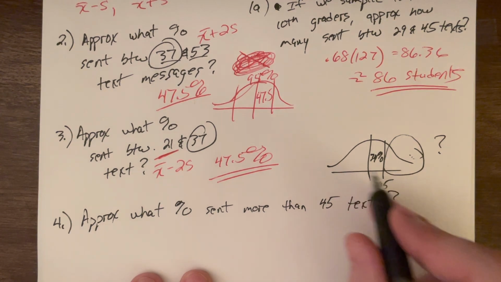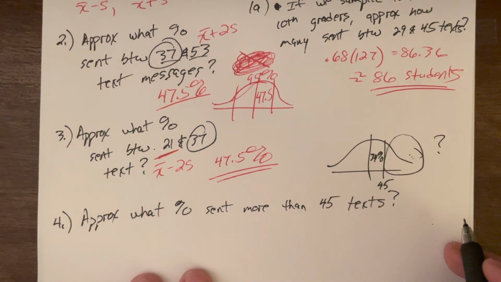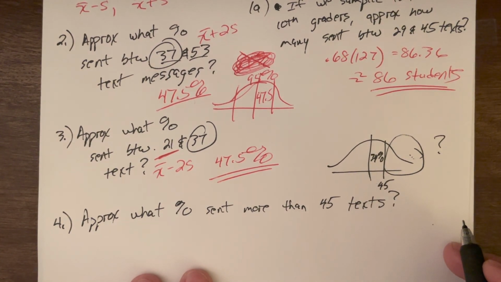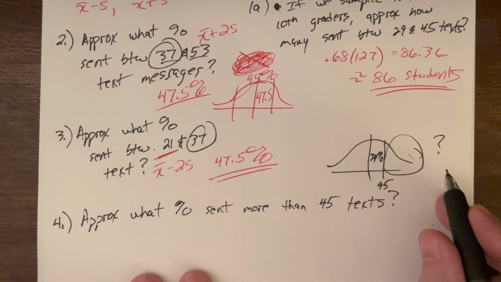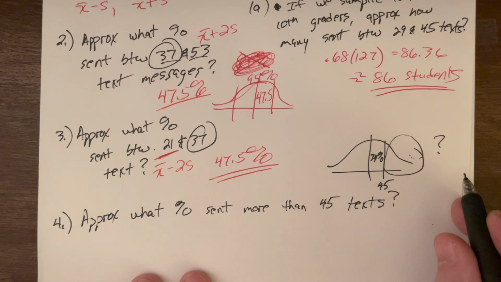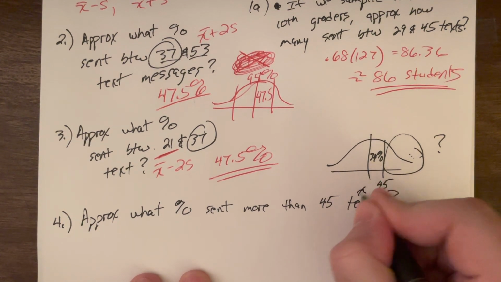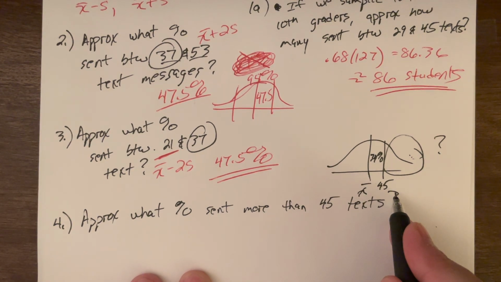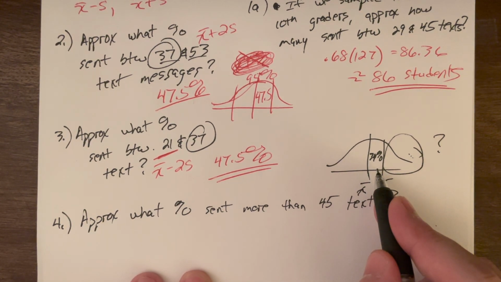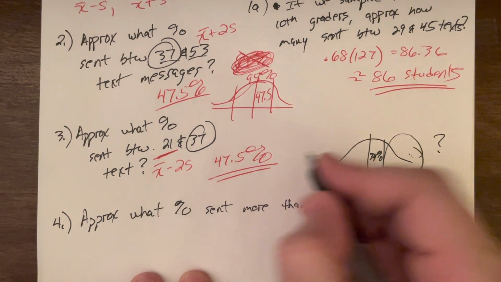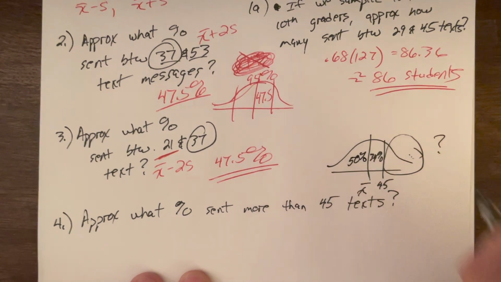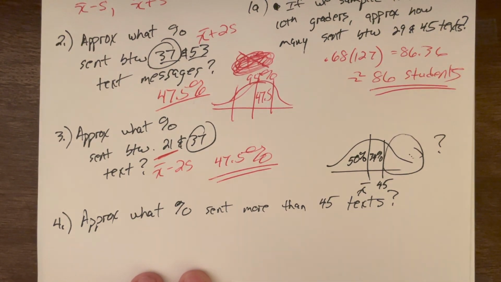If you look at every single data value, that would be 100% of the total data. So breaking this up into percentages, all of this has to add to 100. Just going from the mean to one standard deviation above, we already saw the 34%. Everything below the mean is 50%.